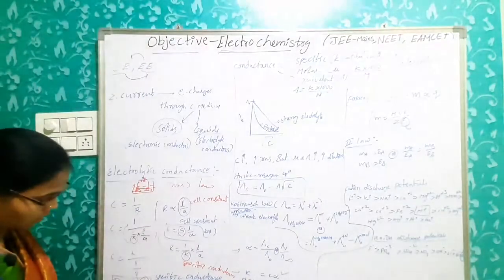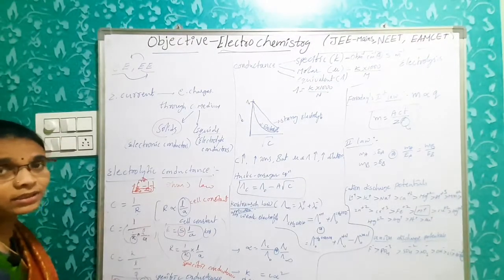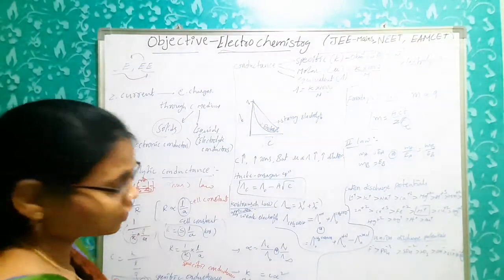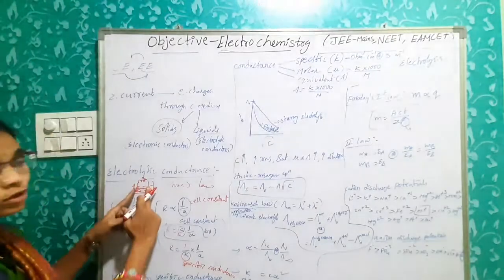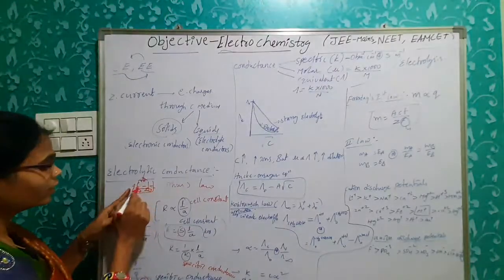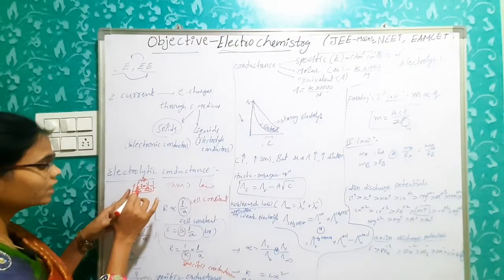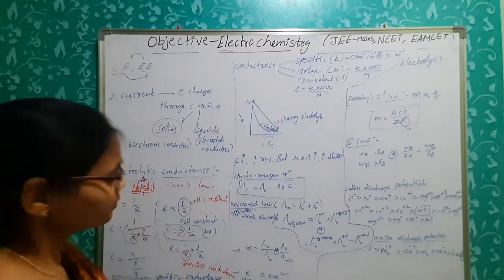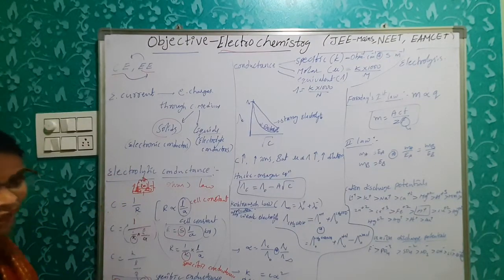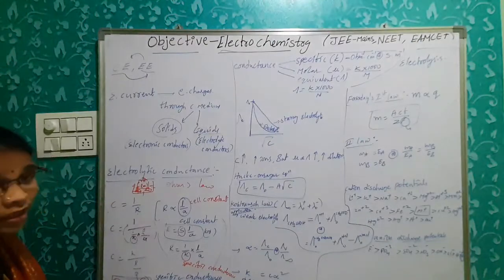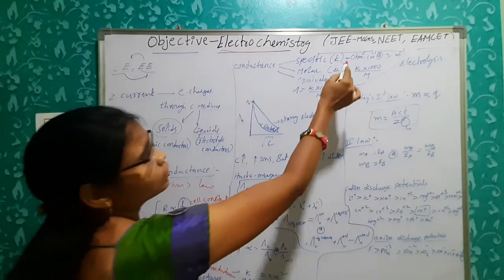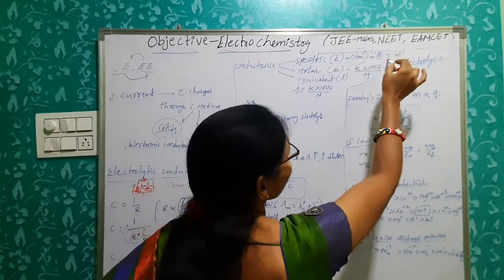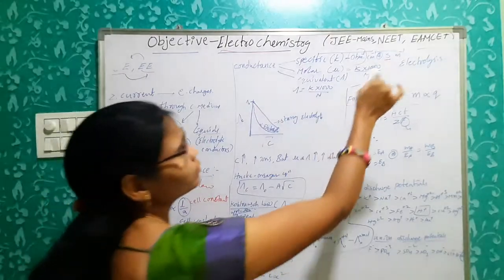That is, the conductance of a solution enclosed between two parallel electrodes separated by unit length, L equals 1, with area of cross section A equals 1. That is specific conductance. Its units: conductance is in ohm inverse, so specific conductance is ohm inverse centimeter inverse. In the SI system, instead of ohm we write Siemens meter inverse.